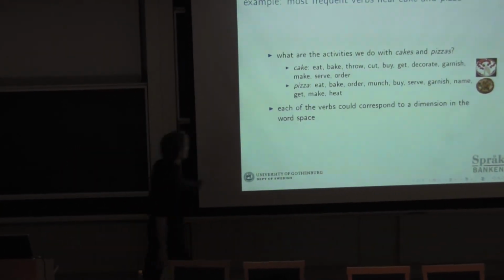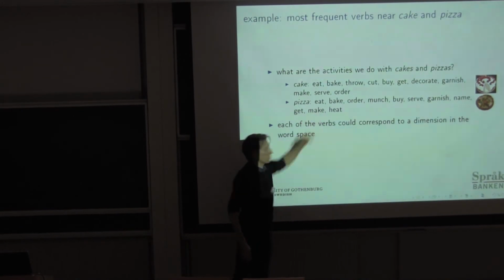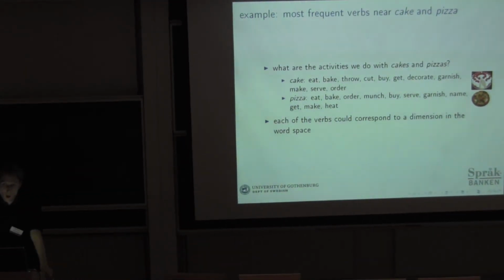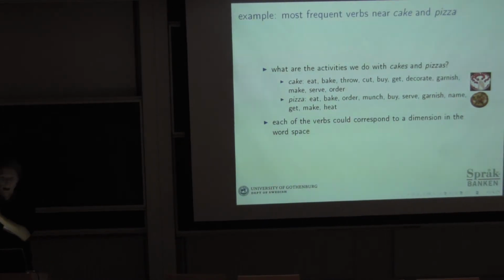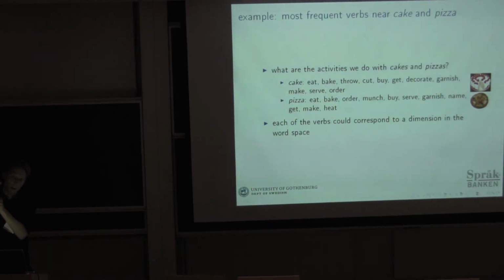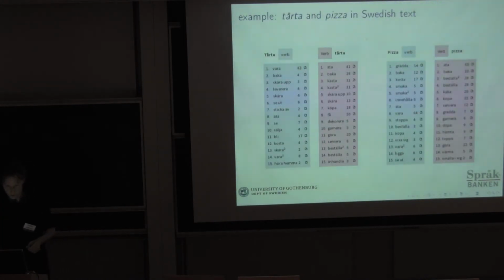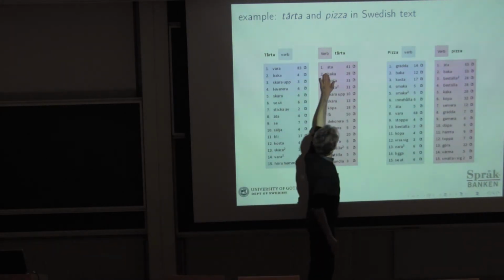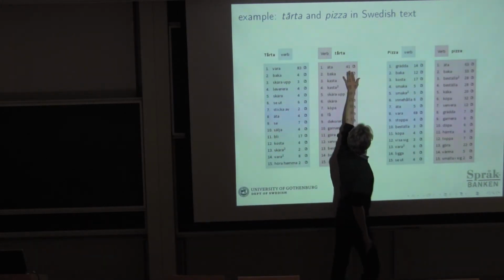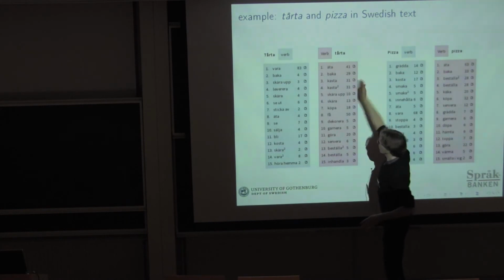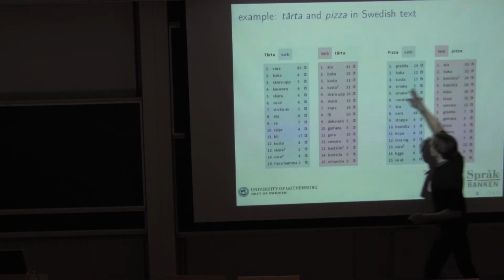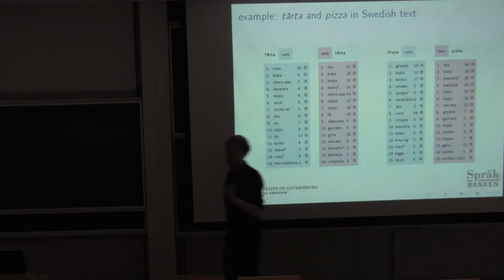So for instance, there would be one dimension for the word eat. So a pizza and a cake would both have a high value of the dimension corresponding to eat. So for instance, if I take the Swedish word frequencies, you see that if I convert all these frequencies into dimensions, then both of these would have a high value of the eat dimension.